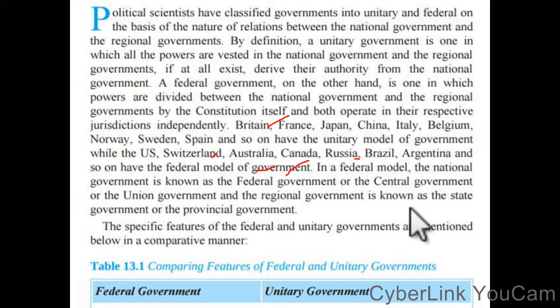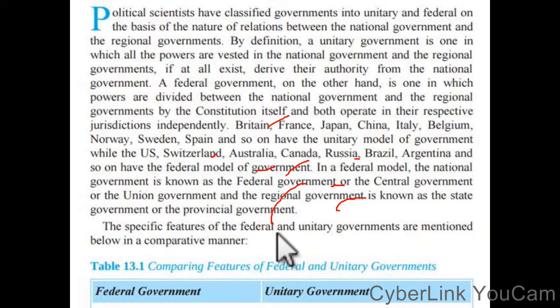The national government is known as the federal government, central government or union government, and the regional government is known as the state government or provincial government.